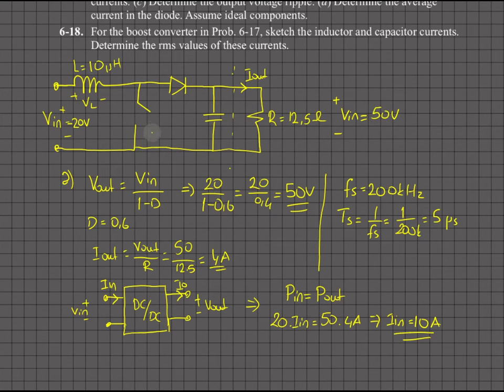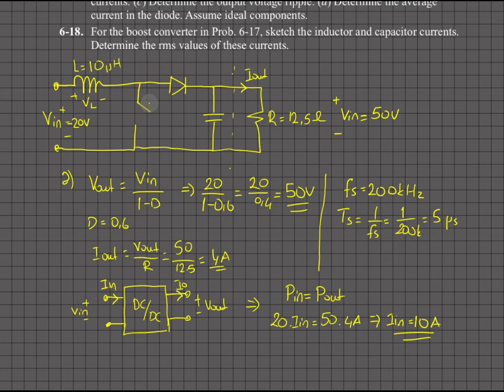It is not like we are keeping the current the same and increasing the voltage. We are increasing the voltage, but we are sacrificing the current. So the total input power is 200 watts, 20 times 10, and our total output power is still 200 watts.